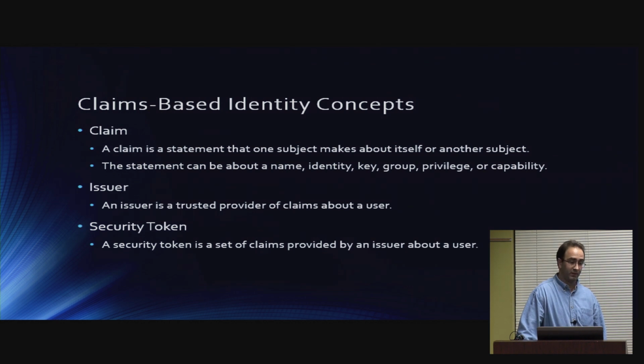An issuer. An issuer is a trusted provider of claims about a user. ADFS is an issuer. Google, OpenID, Facebook, LiveID, they're all issuers. And what's a security token? A security token is a set of claims provided by an issuer about a user.